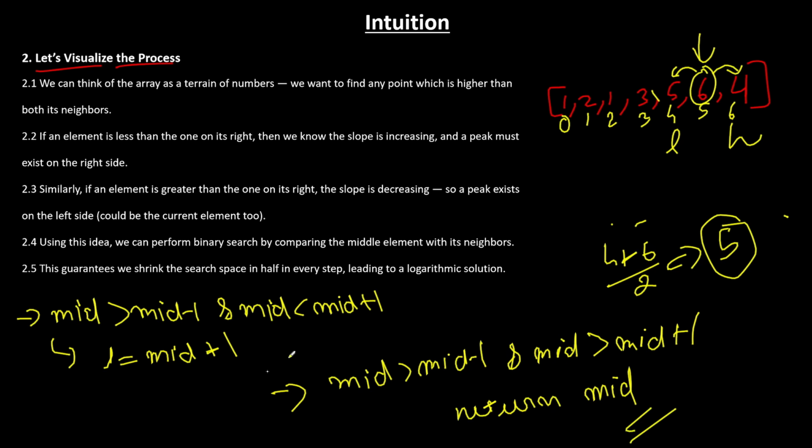So we have figured out two cases here, and the third case would be, I will write it here: if mid is less than mid minus 1 but mid is greater than mid plus 1, what will we do in that case, right?